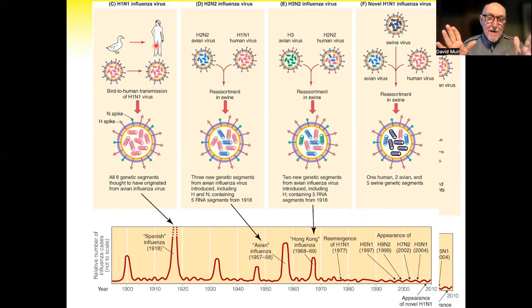It stops right there. But if human beings are infected with a bird flu or a pig flu and can pass it to other humans, then you have the potential for epidemic and for pandemic.